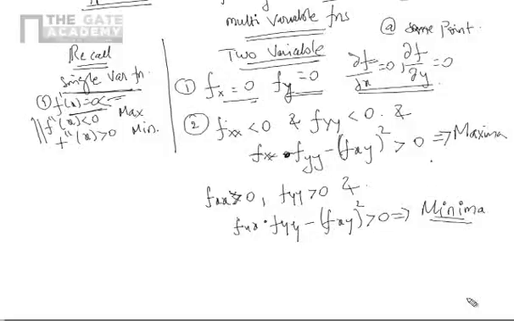At that point the function is having a maximum value, and at this point the function is having a minimum value.